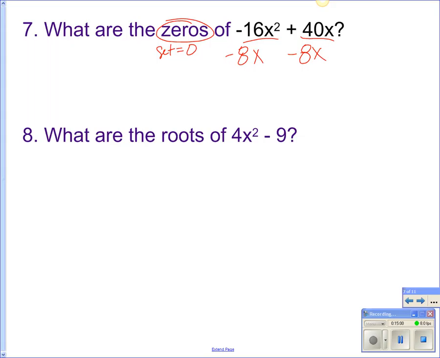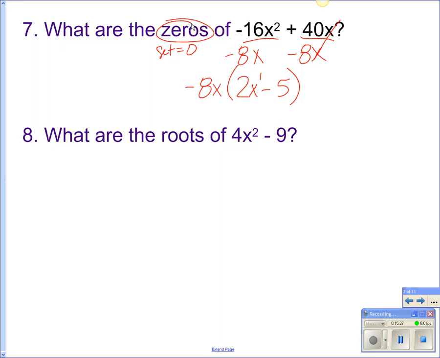All right, now I'm ready to divide. What's negative 16 divided by negative 8? 2x to the first. What's 40 divided by negative 8? Positive or negative? And my x's cancel. Okay? What do I put out front? Okay.